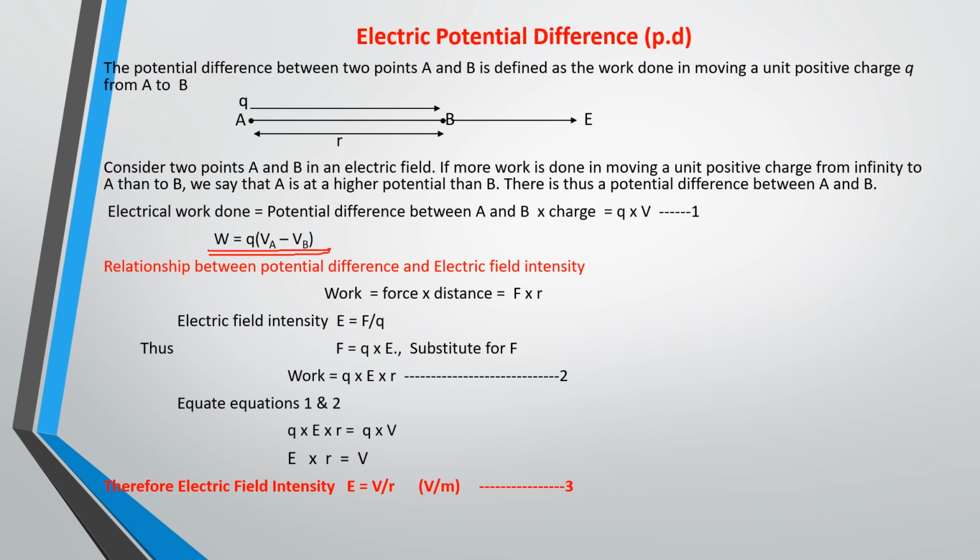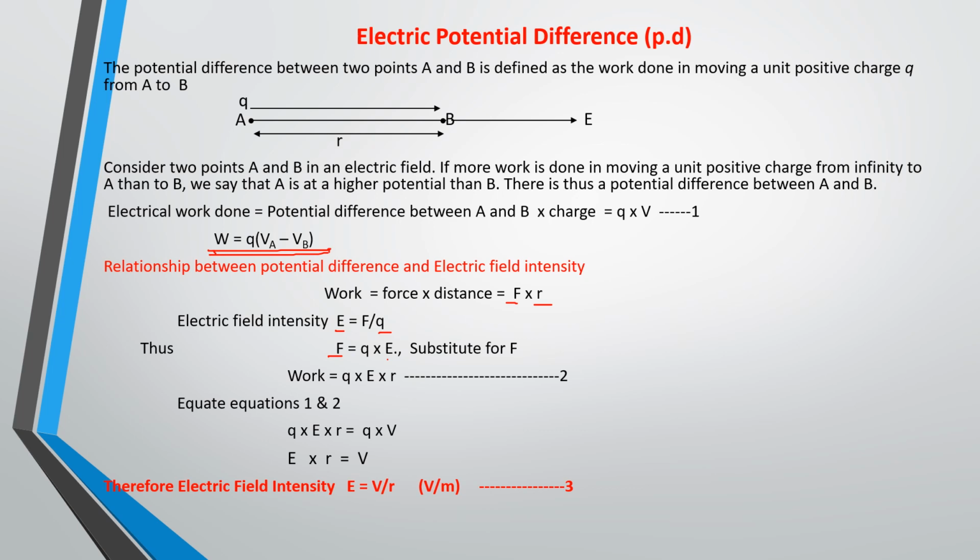Now we can also find a relationship between the potential difference and electric field intensity. Remember that we said that work done is equal to force times distance, which is F times R. And electric field intensity is equal to force per unit charge, so force is equal to charge times electric field intensity.